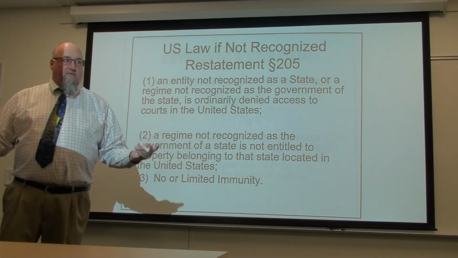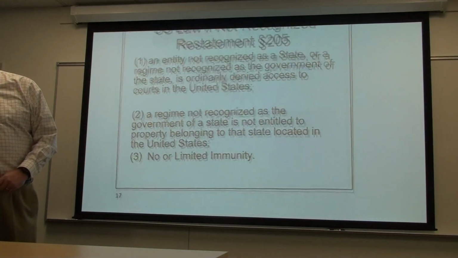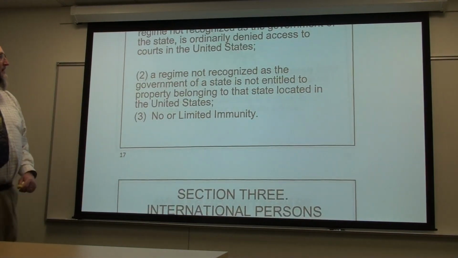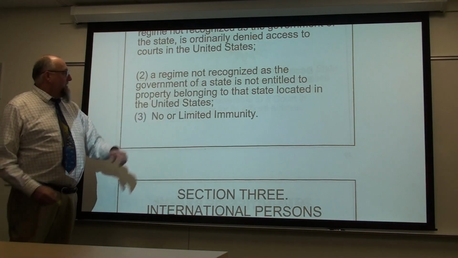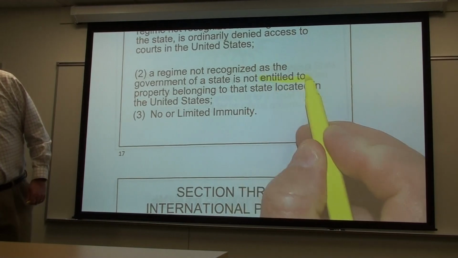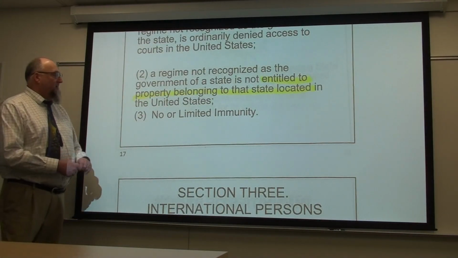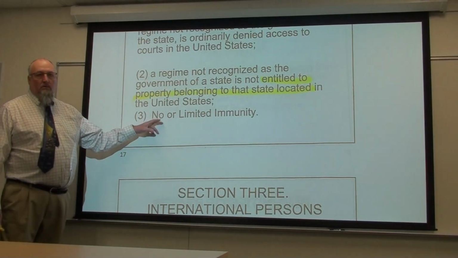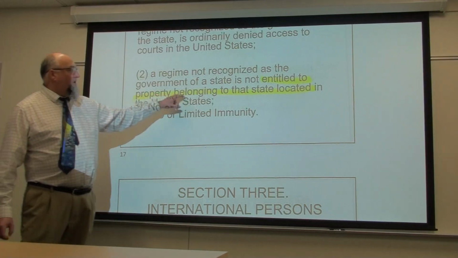So you don't have the ability to engage in court activity, nor can a territory that is not recognized as a state be entitled to the property that may belong to the state located in the U.S. And you have no or limited sovereign immunity. So this number two, the property.